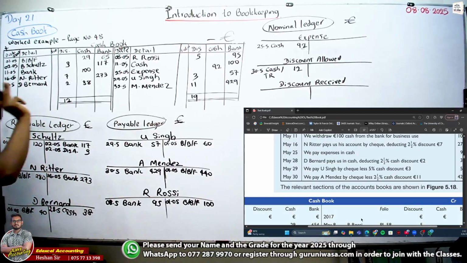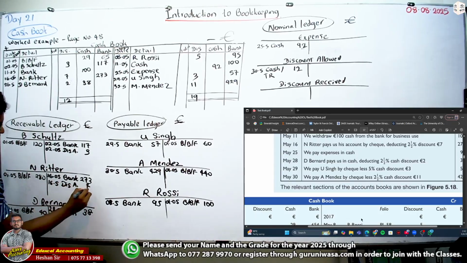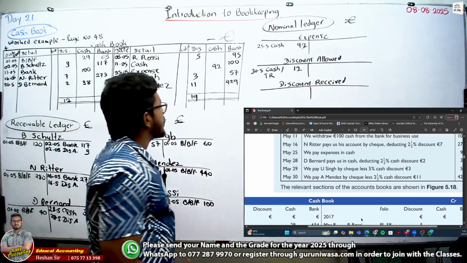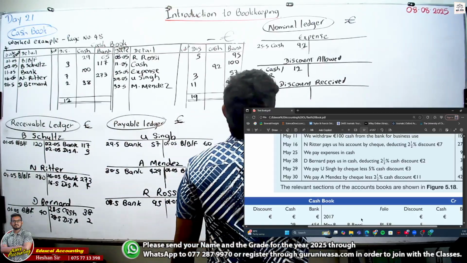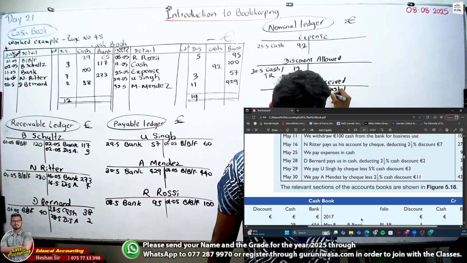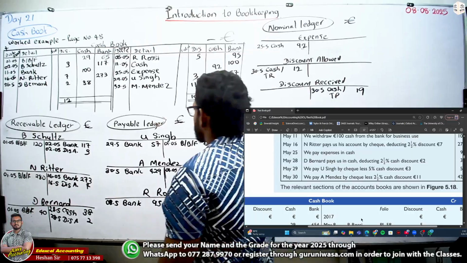Now the debit entry is limited in here, one debit entry, 3 credit entries. 16th of May, discount allowed, 7. 28th of May, discount allowed. When it comes to the discount received, it is an income to the business. 30th of May, you can write cash or trade payables, 90, right?